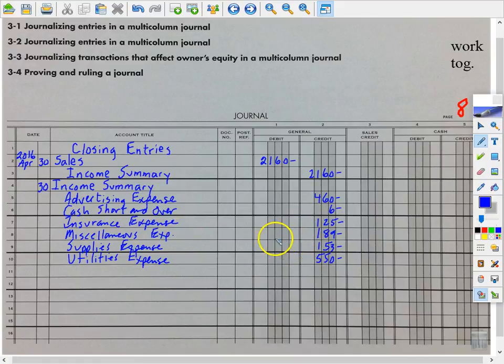Okay, I'll save you a little bit of time, but at this point you would need to get your calculator and add all of these up, and the sum of all of these credits will be our one debit to income summary. So that'll make this entry balance. I'll just go ahead and tell you what that is to save a little bit of time. It should be 1,483.